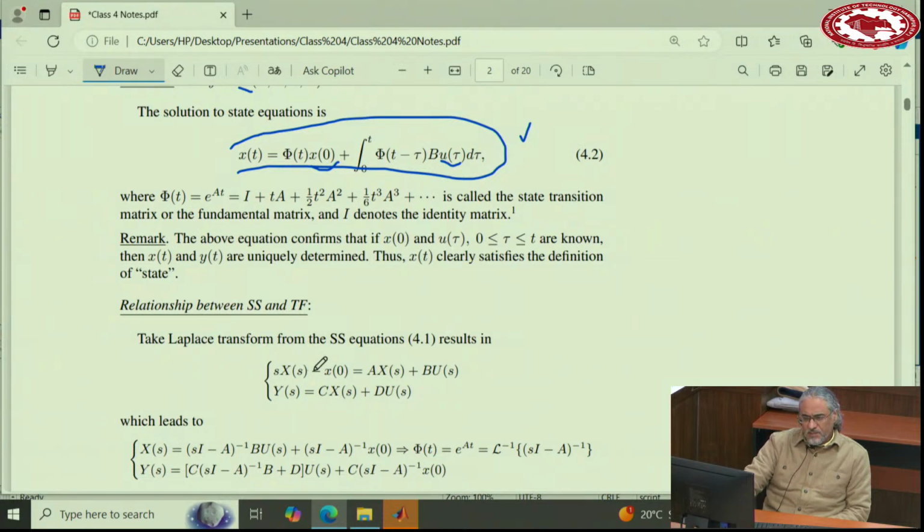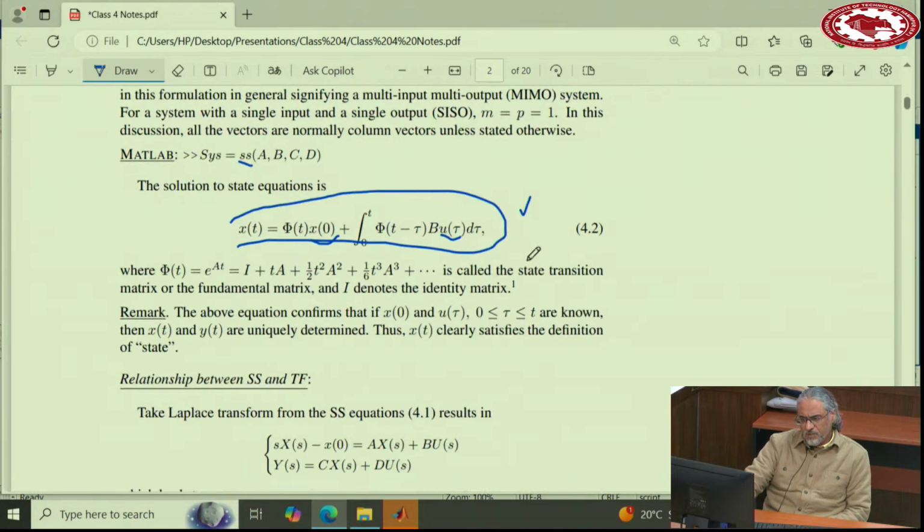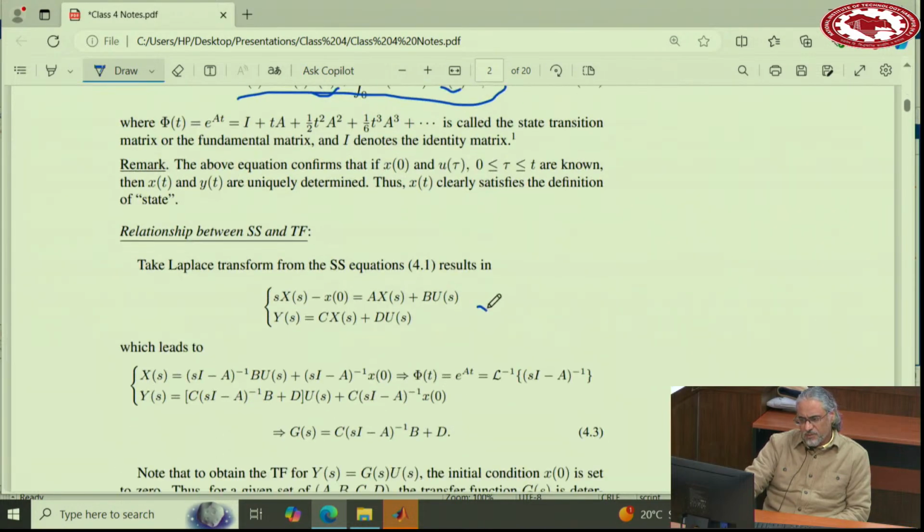Okay, now you may ask, what is the relationship between state space equations and the transfer function? Just for the sake of curiosity, if you take the Laplace transform of both sides of equation 4.1, then you will arrive at these equations. And if you calculate the output, eventually your output will be this matrix times U plus another one times the initial condition.